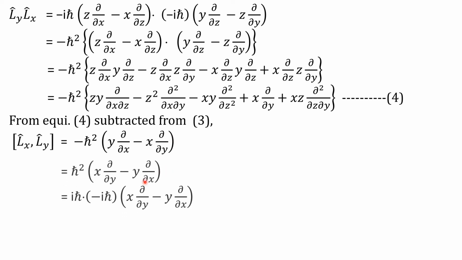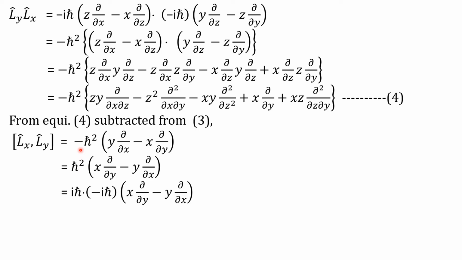We again simplify; since the minus sign can be taken inside, it is plus h cross square into the bracket x ∂/∂y minus y ∂/∂x.